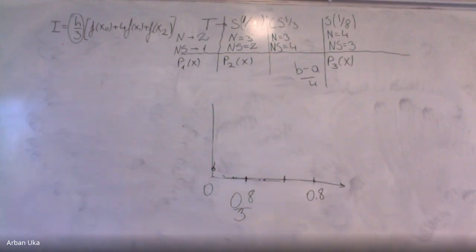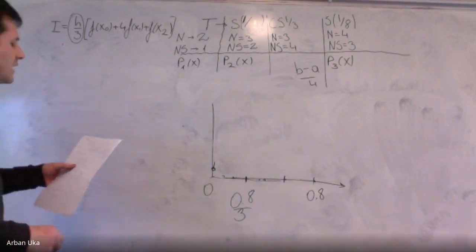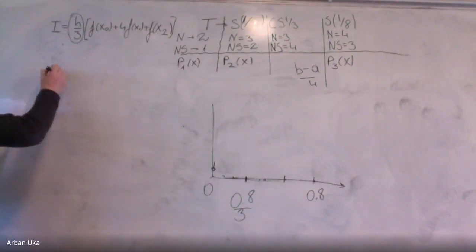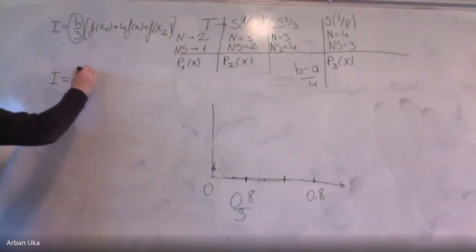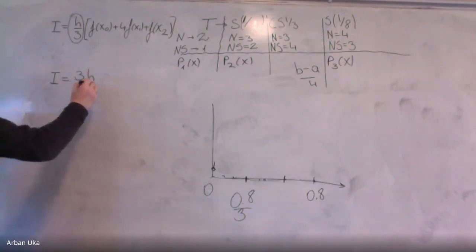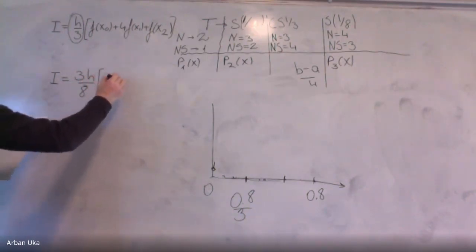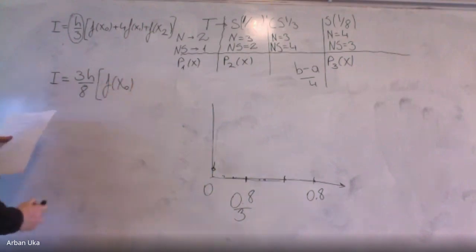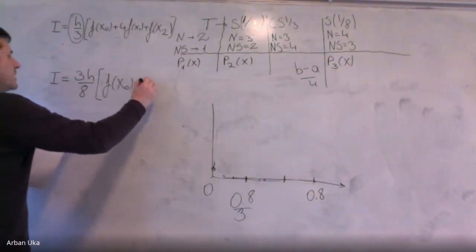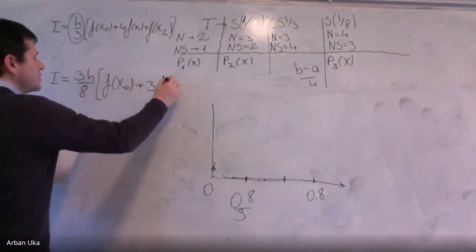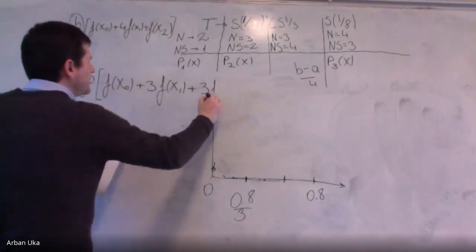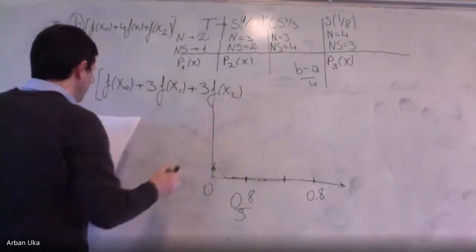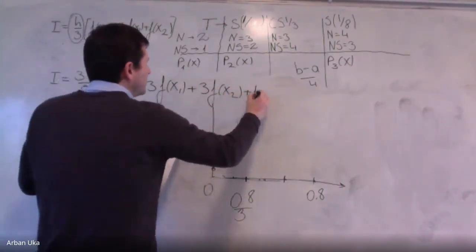And the Simpson's 3/8 rule, using Lagrange interpolation, provides that the integral is going to be 3h over 8 times the function evaluated at x0, the first value, plus 3 times the function evaluated at x1, plus 3 times the function evaluated at x2, plus the function evaluated at x3.